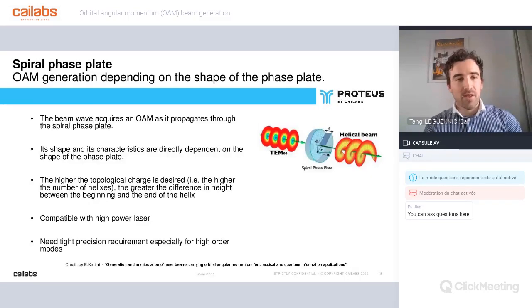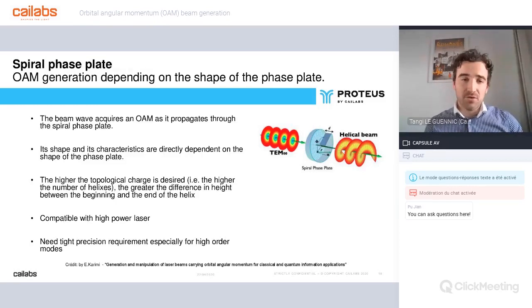The second one is the spiral phase plate. A light beam can acquire an OAM by passing through a spiral phase plate of variable thickness. This spiral phase plate has the ability to create a vortex beam whose shape and characteristics depend on the shape of the plate.